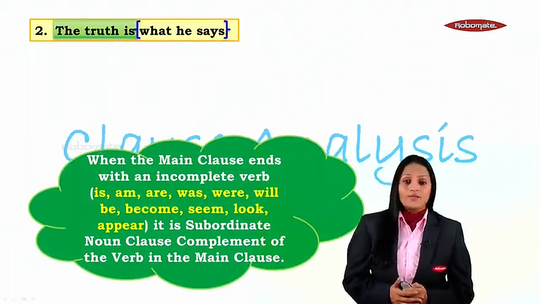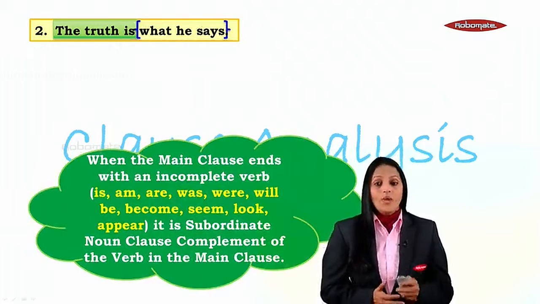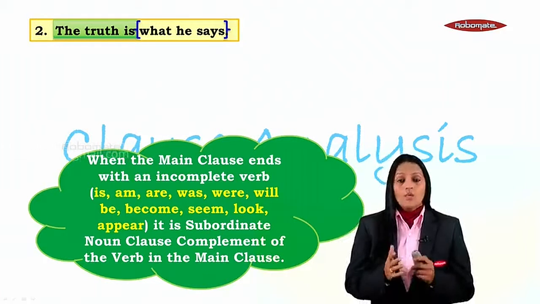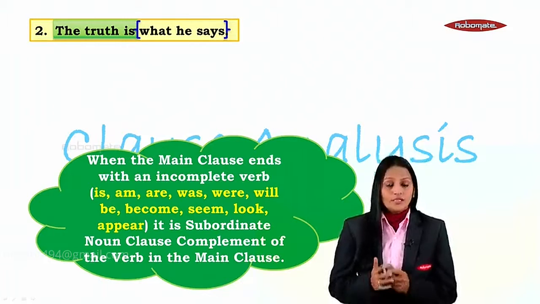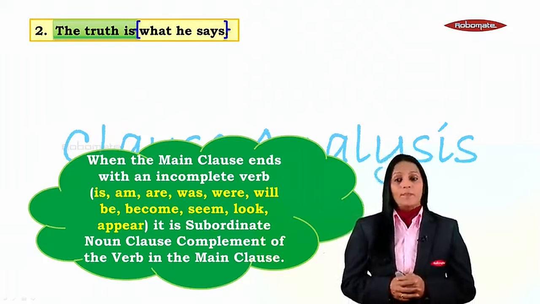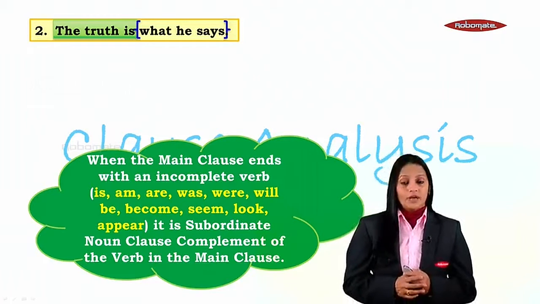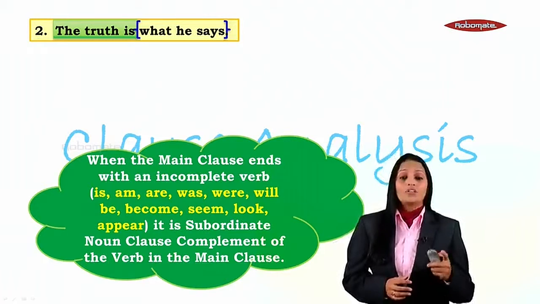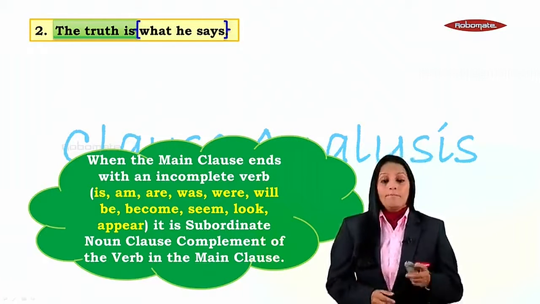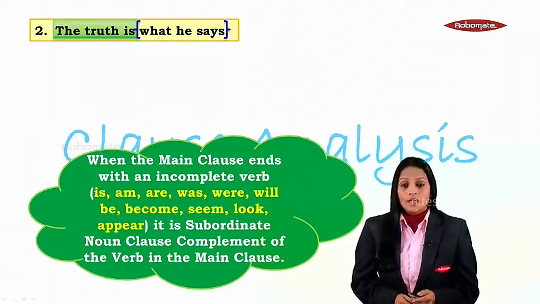Now, we know that we have to ask the question. So, when we ask the question, we get the answer. Now, what he says is subordinate noun clause, and the main clause is the truth is. Now, let's read what is given to us there. When the main clause ends with an incomplete verb, students, we have given you the list of verbs. Is, am, are, was, were, will be, become, seem, look, appear.